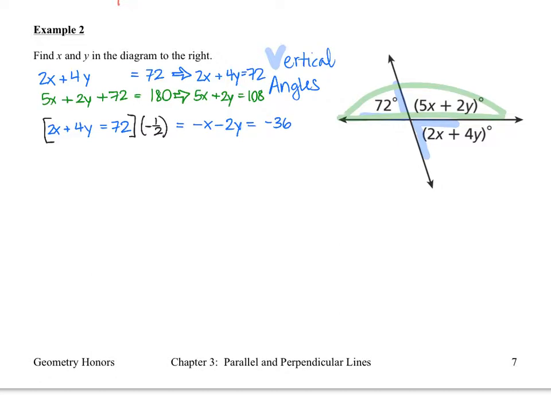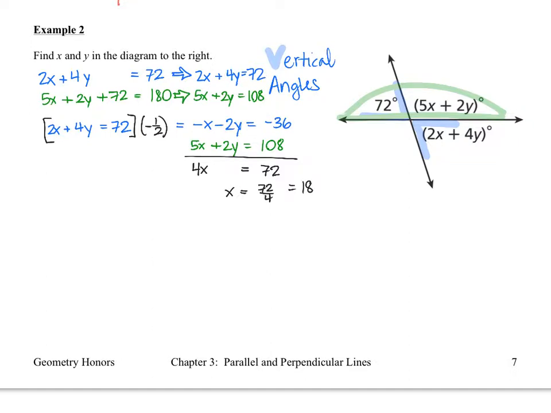When we set it up this way, we end up having the opportunity to use elimination with elimination of the y variable first. We're going to end up with 4x, the y's cancel out, and 4x is equal to the difference, 108 plus negative 36, and that gives us 72. So x is equal to 72 divided by 4, which is 18.